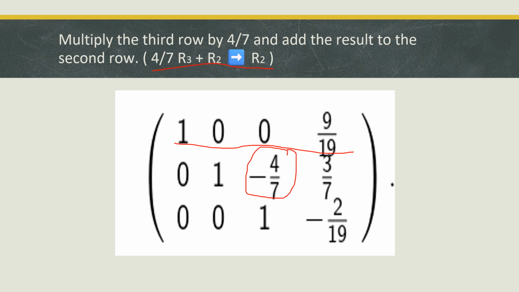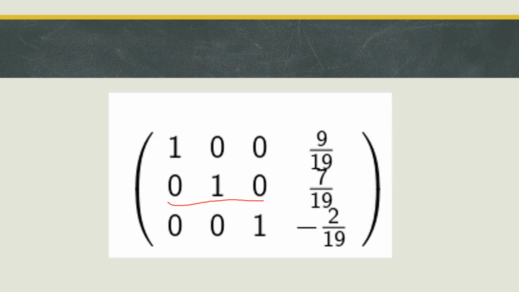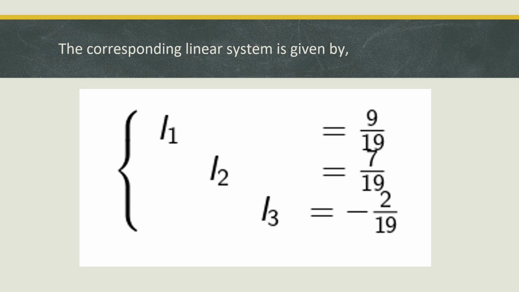If we apply that elementary row operation, our new row 2 is 0, 1, 0, 9 over 17. The corresponding linear system is given by I sub 1 equals 9 over 19, I sub 2 equals 7 over 19, I sub 3 is equal to negative 2 over 19.